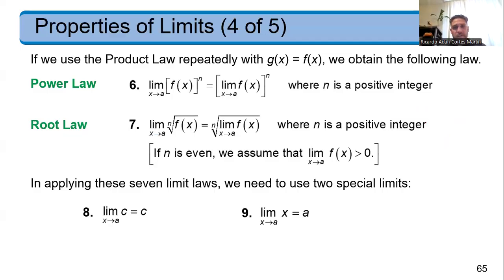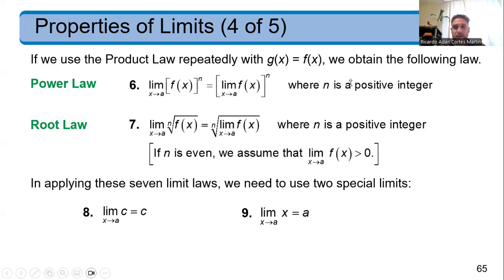Okay, and what happens when we have exponents or roots? Well, they are some sort of application of the multiplication rule. For example, f squared is just f times f.